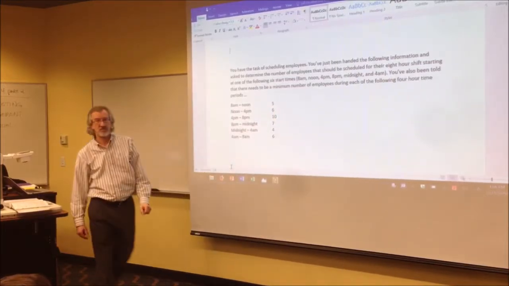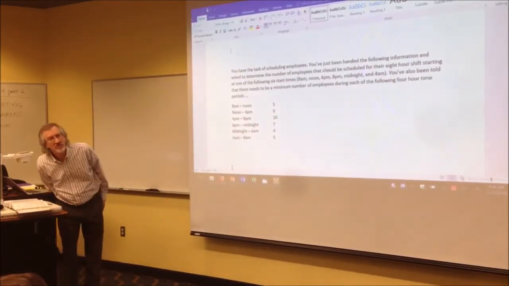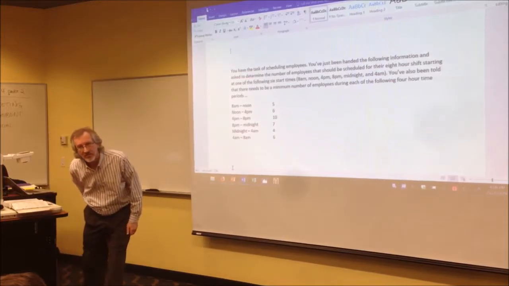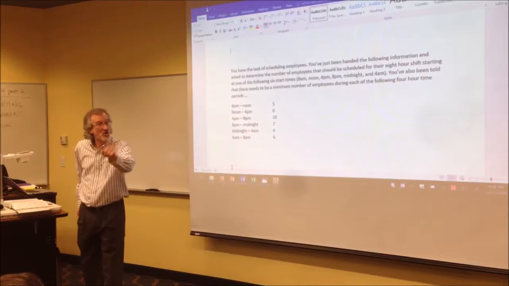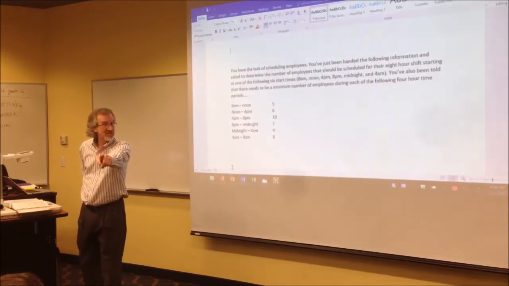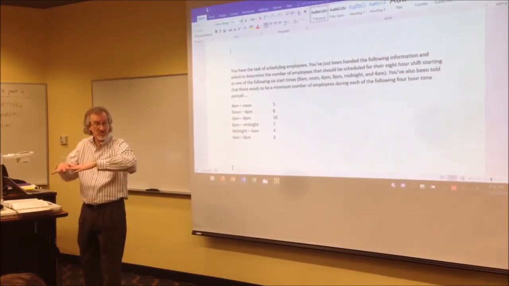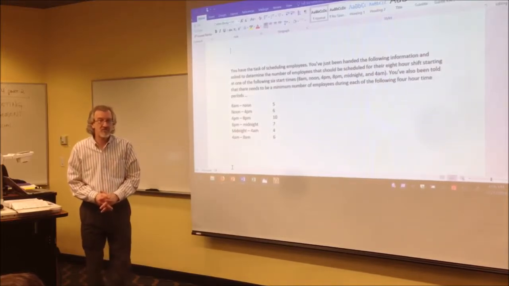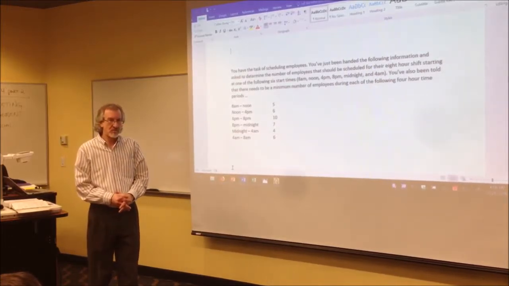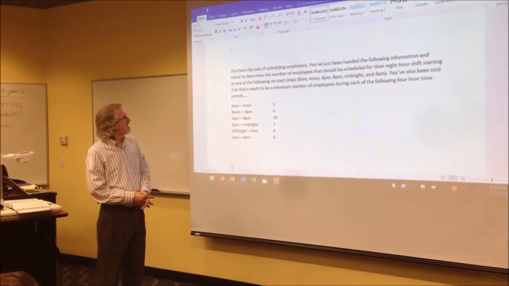Jump in, Chase. It doesn't say that there's a constraint on the number of employees that you have available, so couldn't you just hire? That's right. The goal is to schedule the least number possible, because that will keep our costs down. It just says to schedule them so at least the minimum is met. It doesn't say to minimize the number of employees employed.